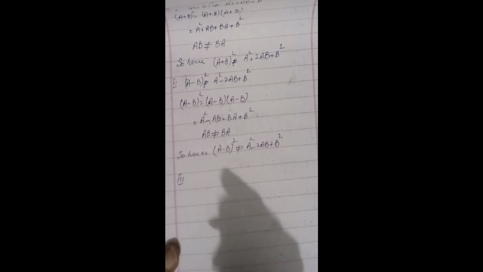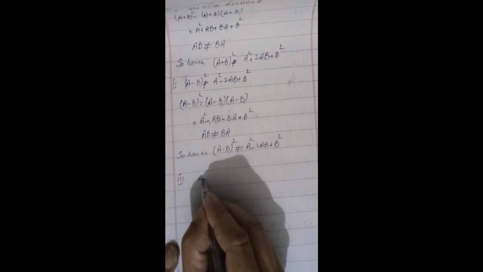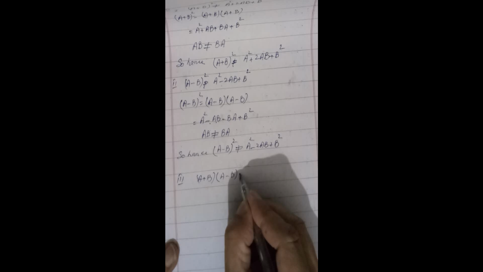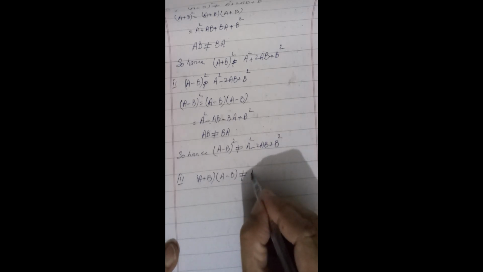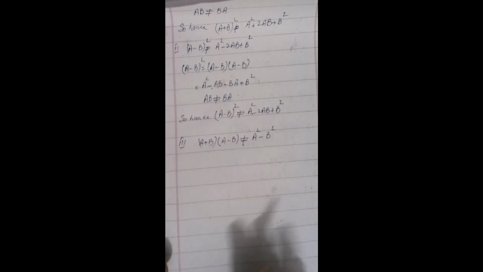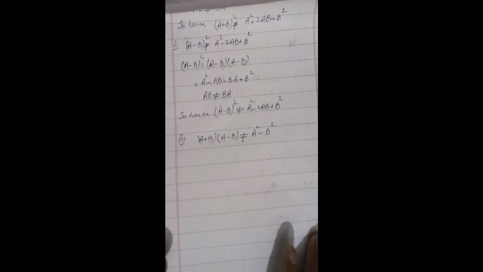And now the third part of question 6: we have (a plus b) into (a minus b) is not equal to a square minus b square. We get the same as we solved in parts 1 and 2.